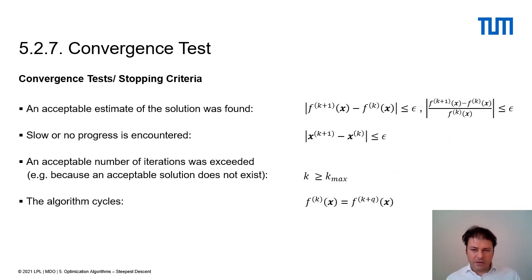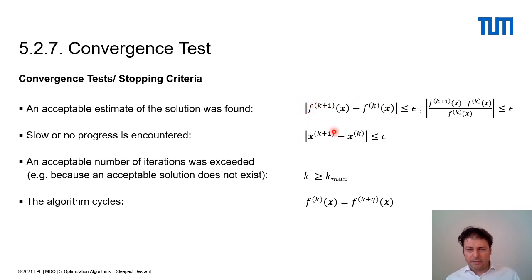There are several criteria that you can use or combine to assess whether it makes sense to continue the optimization procedure. Those stopping criteria can be combined into your convergence test, and the first two are based on an assessment whether your algorithm still makes progress or not.